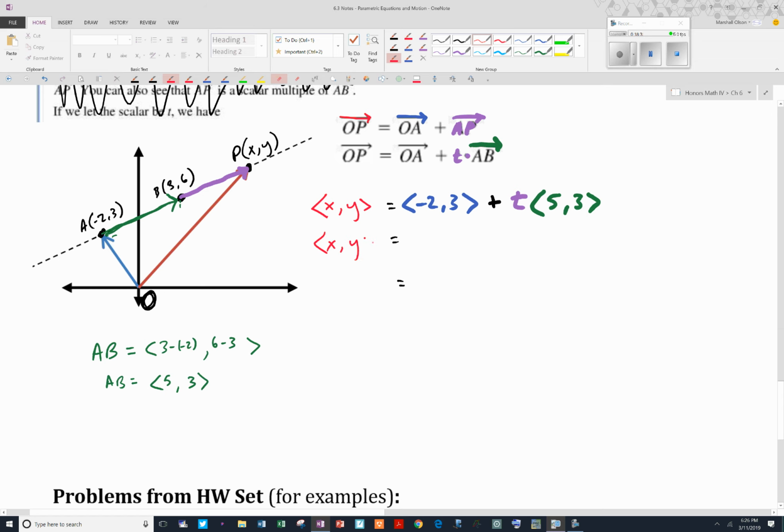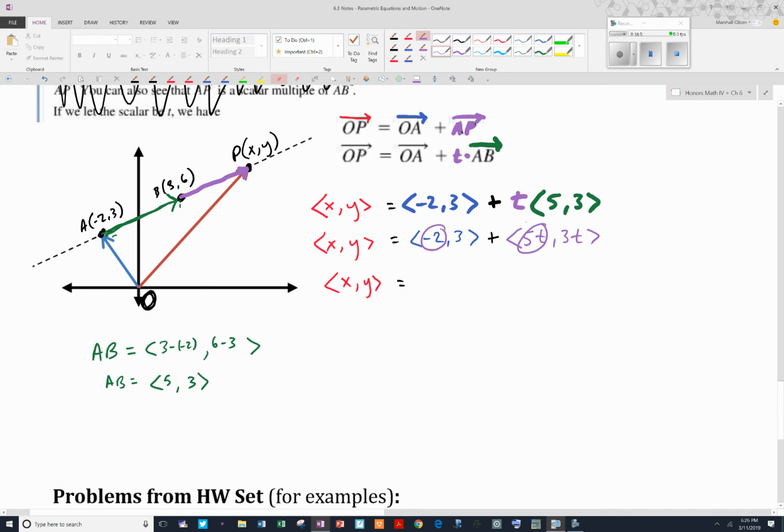Just going to bring this xy down, and we're going to distribute that scalar into that second vector, so we're going to have 5t, 3t. And now we're going to add those two vectors together. So we have the vector xy is equal to the vector. Now we're going to add components here.